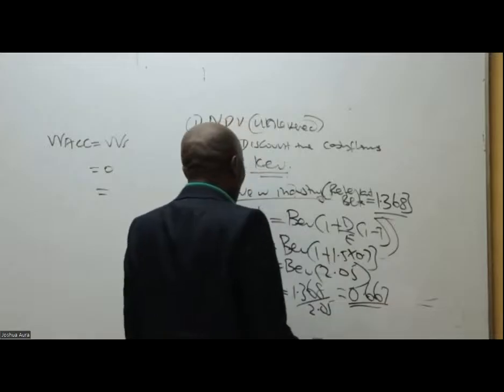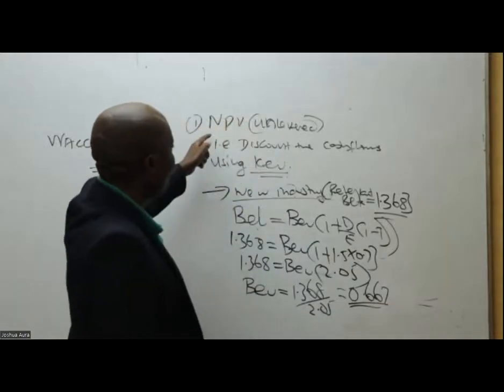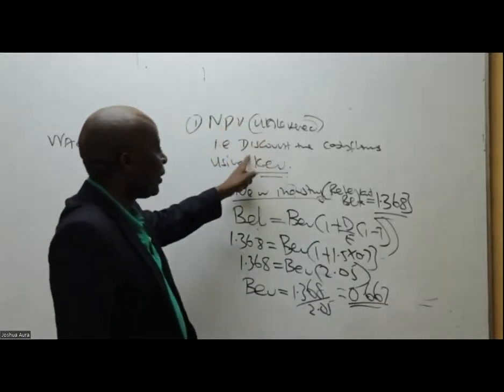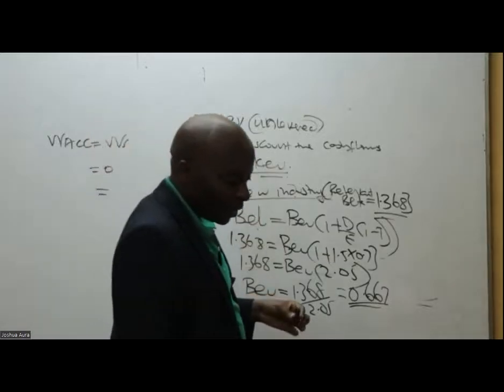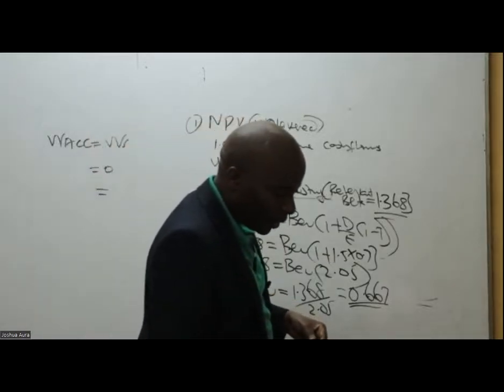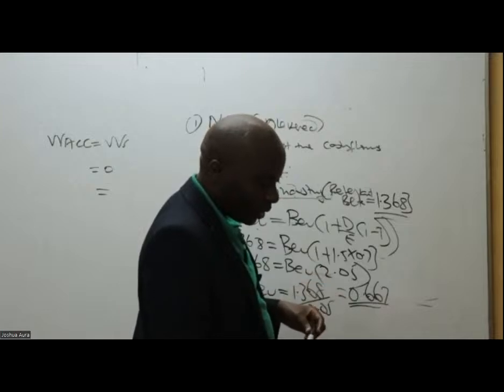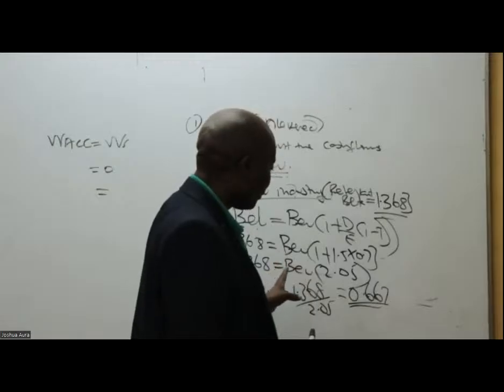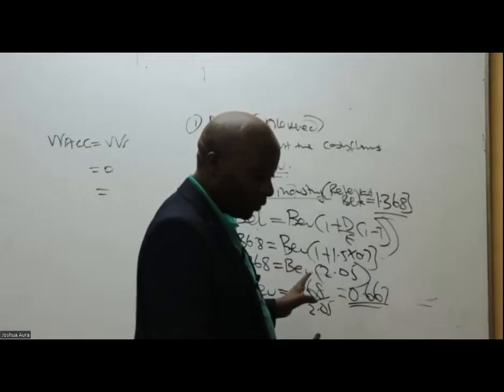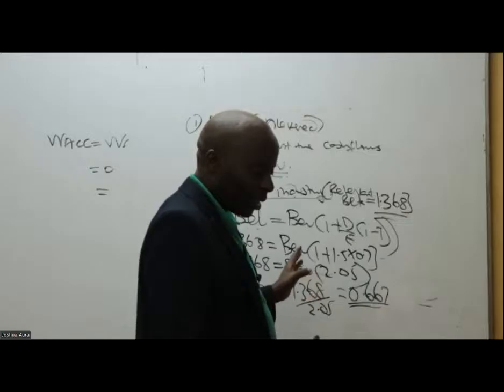So now, if they want me to give this NPV unlevered, this 0.667, I'm being told it is correct. This is the beta equity of the unlevered firm.